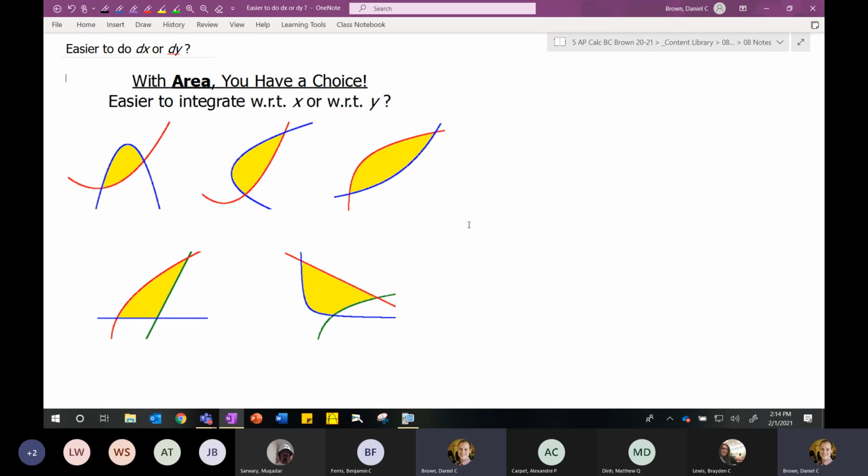I want you to look at each one and determine if it would be easier, if there were numbers there, to do with respect to x, meaning you had a single top and a single bottom, or easier in terms of y, meaning you had a single right function and a single left function, or would it be just as difficult no matter which one you did. Again, you're really just determining, if you have to set those intervals, would you prefer to do it in terms of x or y? We'll go over them, and then that's where I'm going to stop today's notes.